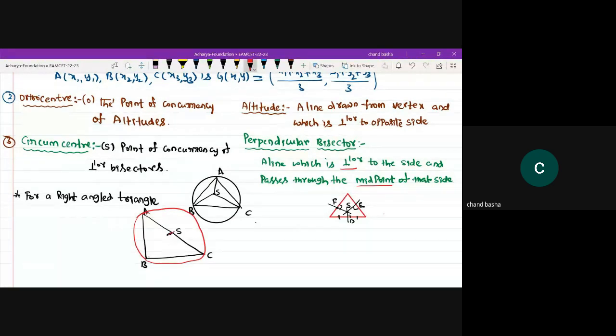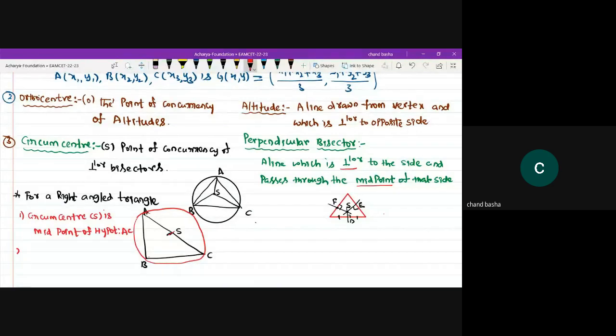Center means the midpoint of the hypotenuse. For a right angled triangle, first one, the circumcenter is the midpoint of the hypotenuse. So what is the hypotenuse here? That is AC. We can write S equals (A plus C) by 2.